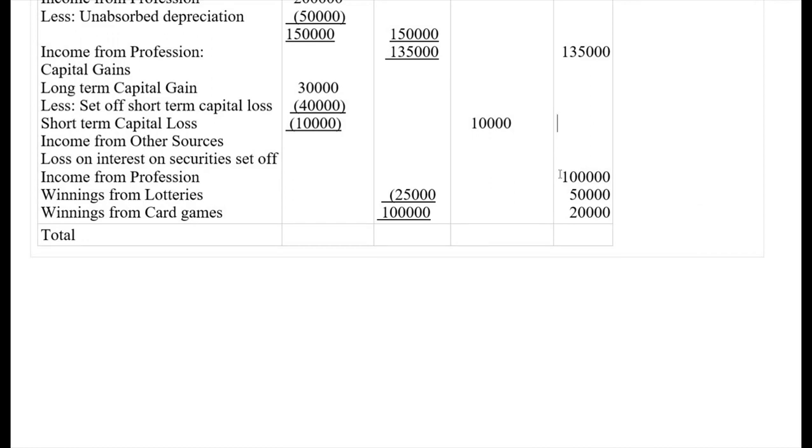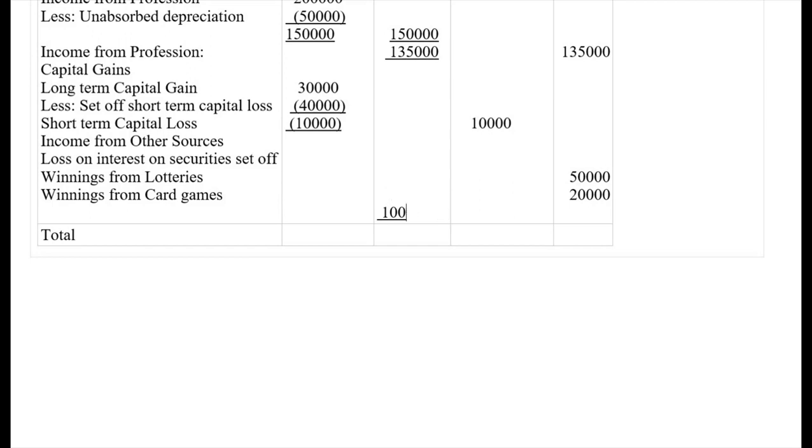So there will be no, this we should remove here. Oh sorry, we have got loss.